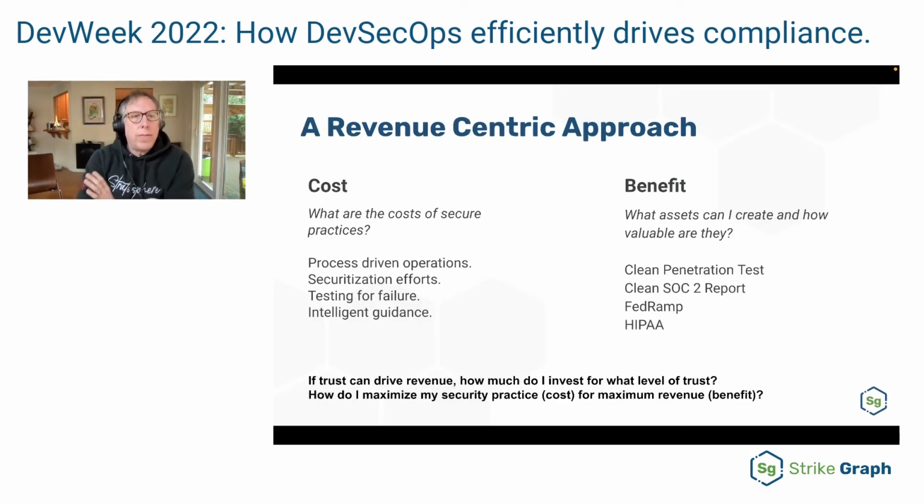When you think about a revenue-centric approach to DevSec operations, the SOC 2 certificate you want to go after, the larger security practices, you can start to ask yourself, what are the costs?